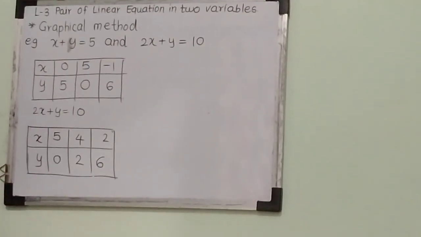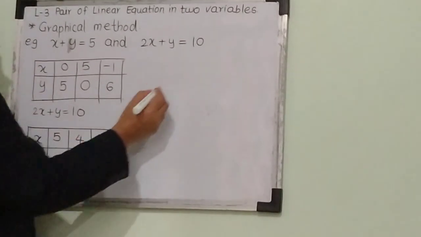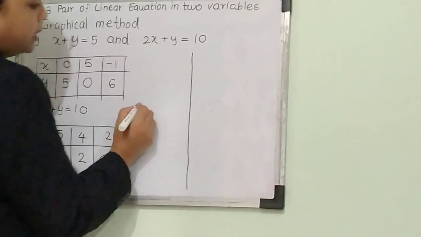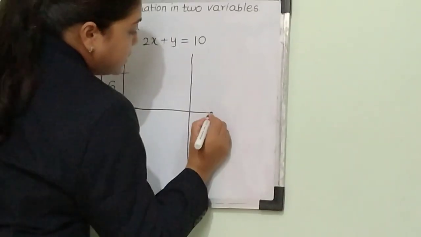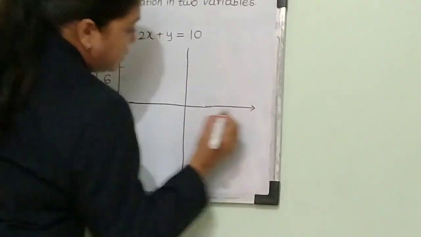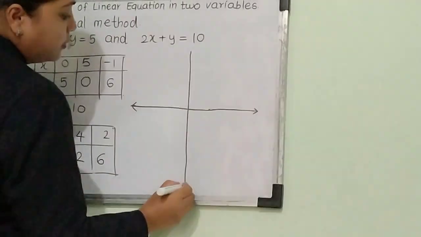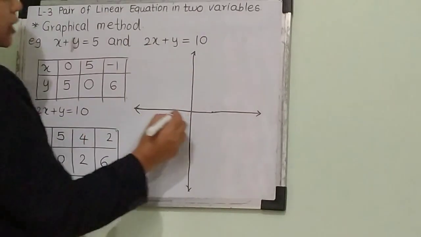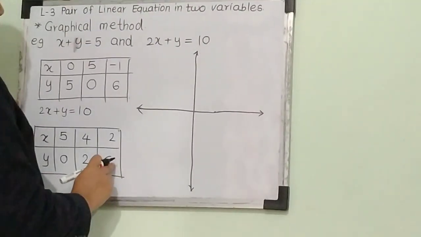6. Now for this, again I am going to draw the x and y axes on graph paper for the graph of these linear equations. Here the maximum number is 6.